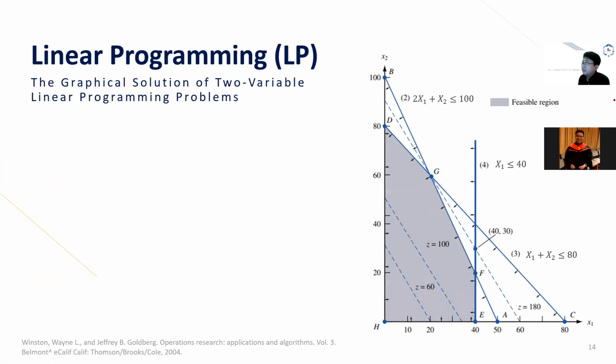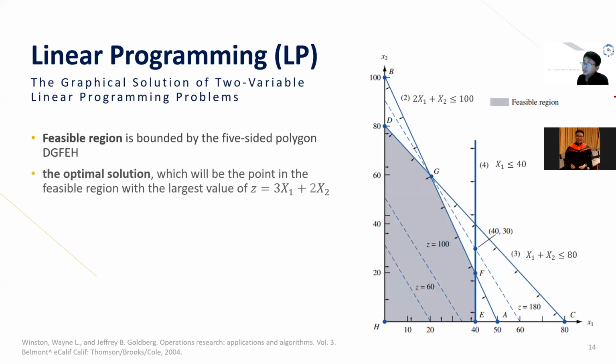Okay, so then how do you solve LP, right? For the problems that we mentioned earlier, it is quite easy to solve because they only have 2 decision variables, which we model as x1 and x2, right?